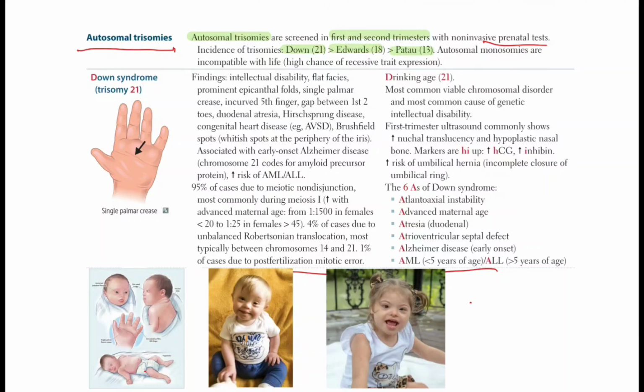Autosomal monosomies are incompatible with life, with high chances of recessive trait expression. Down syndrome, trisomy 21. It has single palmar crease.